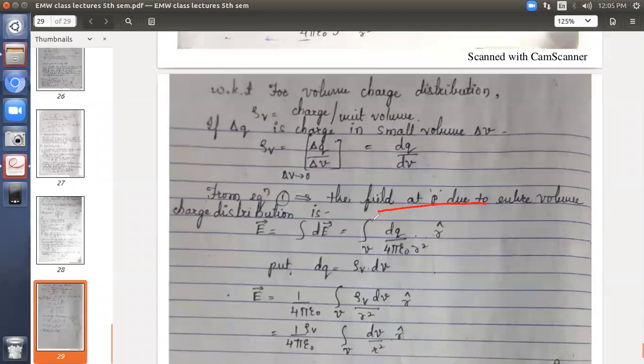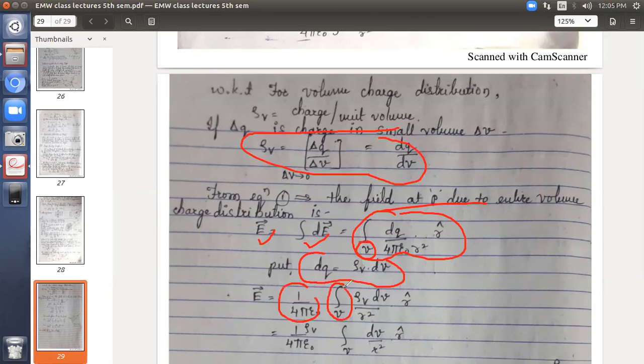So the field, as you have just seen, E is equal to the integration, and this is equation 1 rewritten. What is the change? I have used a small v. V indicates volume. We have applied the integration over a volume and put dq equal to rho v dv from the above equation in equation 1. So 1 by 4 pi epsilon naught, and instead of dq substitute rho v into dv, over r square.